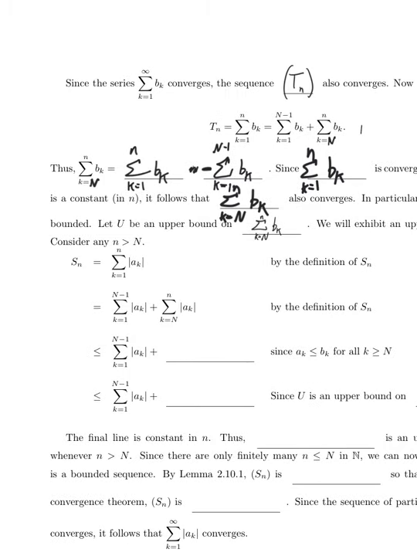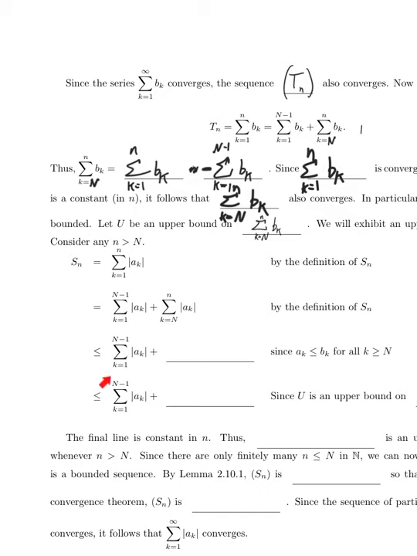I'm going to use that to establish an upper bound on S_n, which, if you'll recall, is the sequence of partial sums associated with the series of absolute a_k. So let's do that. Just by writing it out by definition, S_n is this. By breaking it up in the same way as we broke up T_n, I can write the first N minus 1 terms and then the last terms.